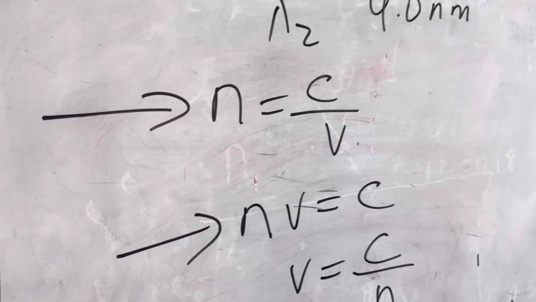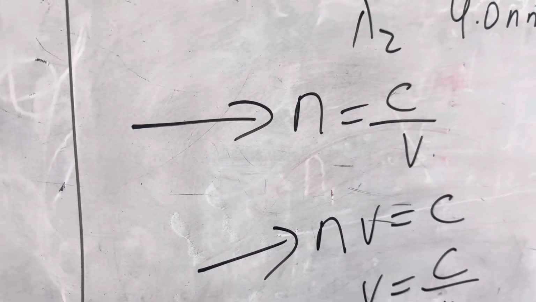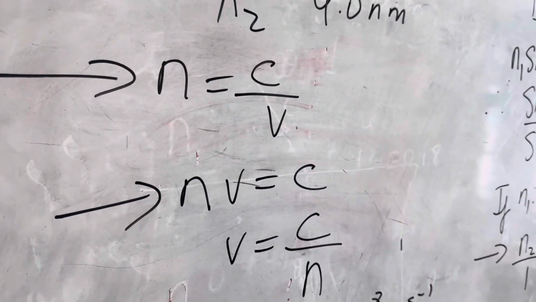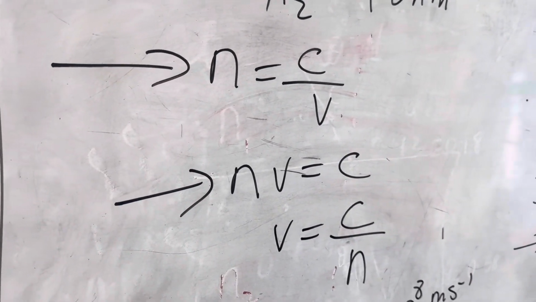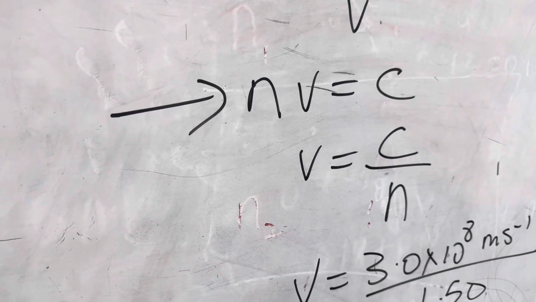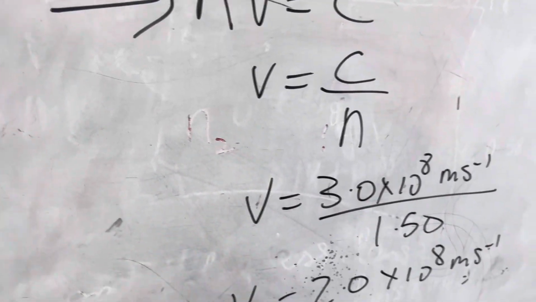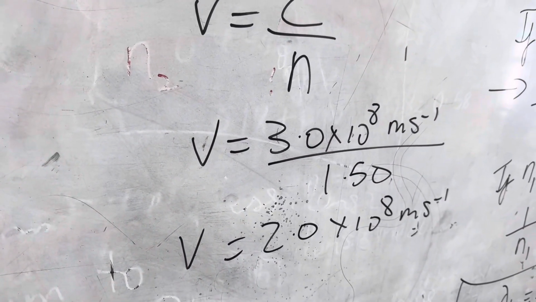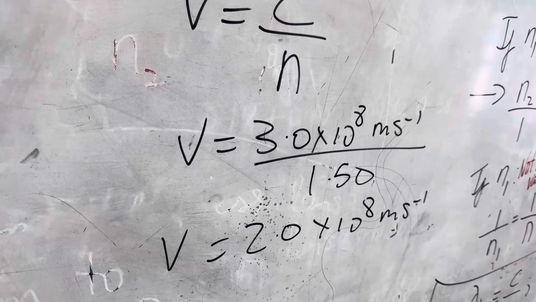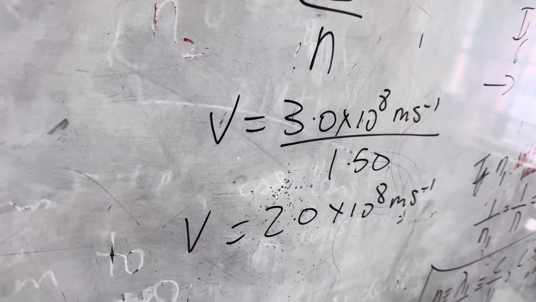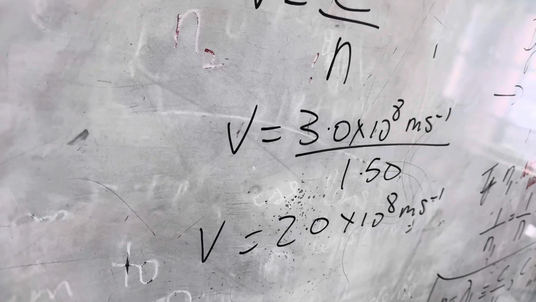Now I'm using the other equation, n equals c over v. So when I rearrange, I get nv is equal to c, so v is equal to c over n, and I substitute the speed of light divided by the refractive index, and I get 2.0 by 10 to the 8 meters per second. Right? So everybody see how that goes?